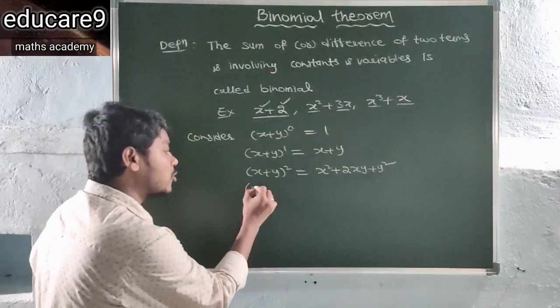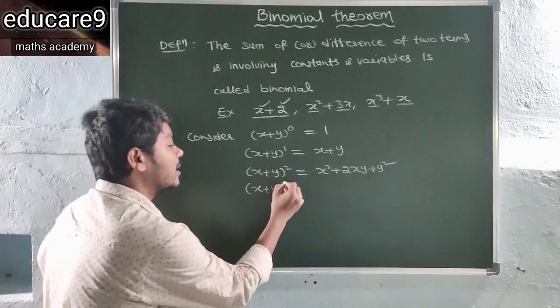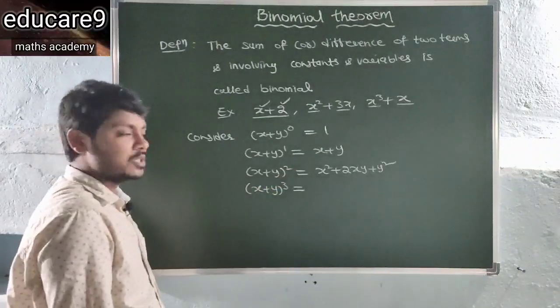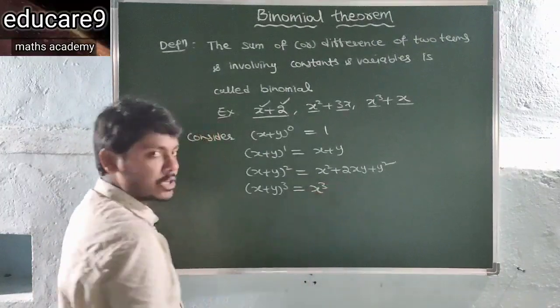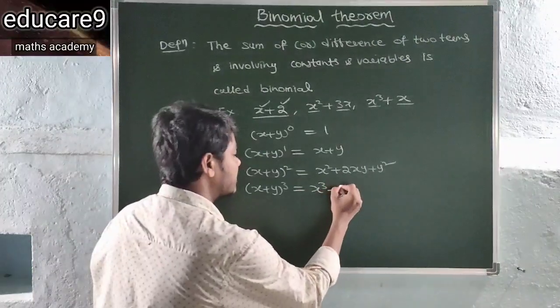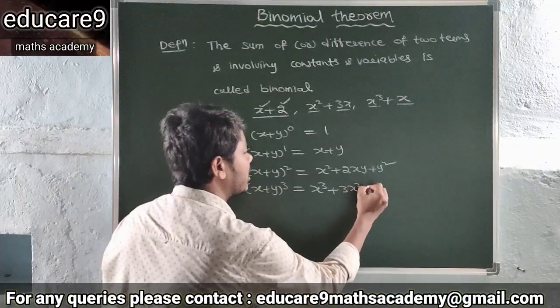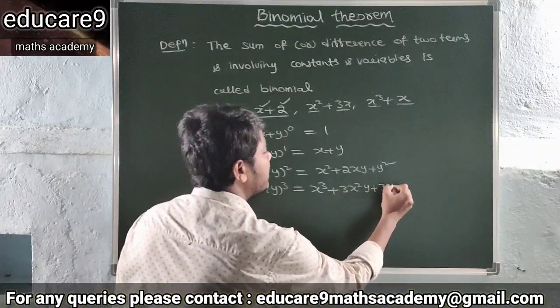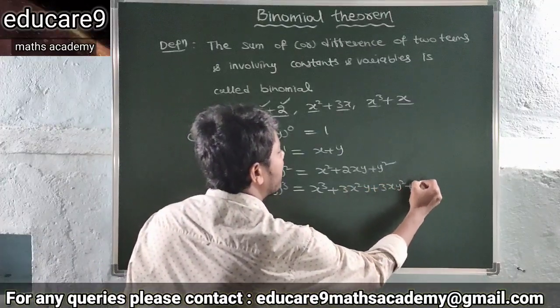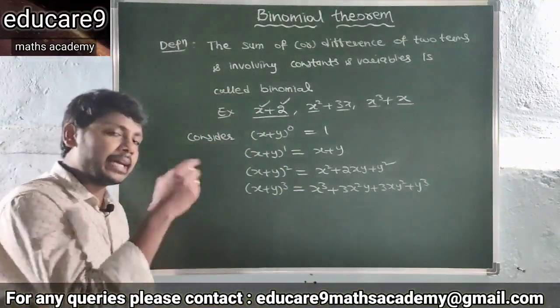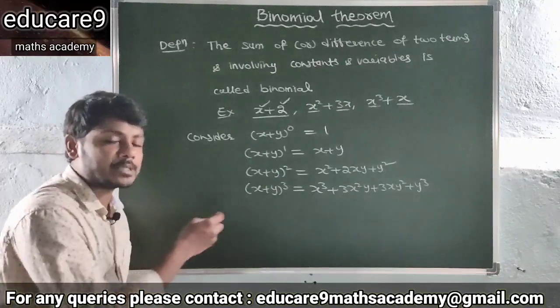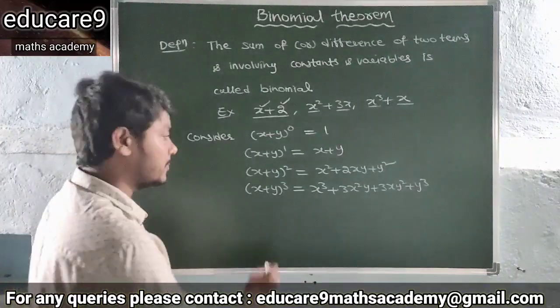Again, x plus y whole cube. How to write the expansion of x plus y whole cube? It is x cube plus 3x square y plus 3xy square plus y cube. Then how to write the expansion of x plus y whole to the power of 4?